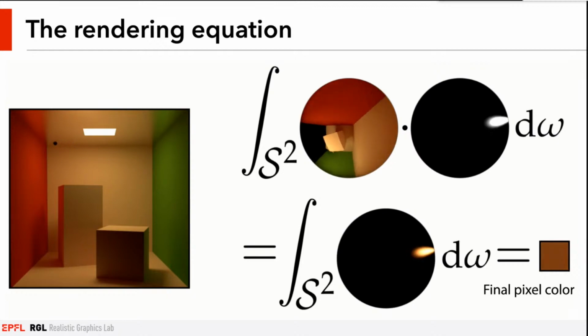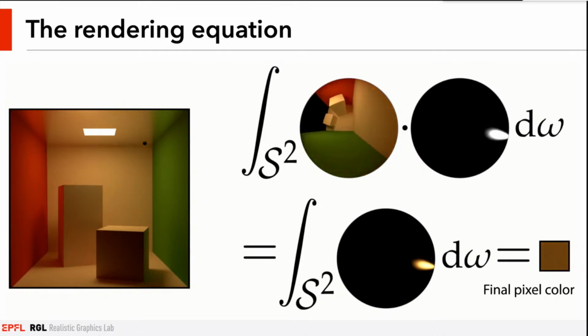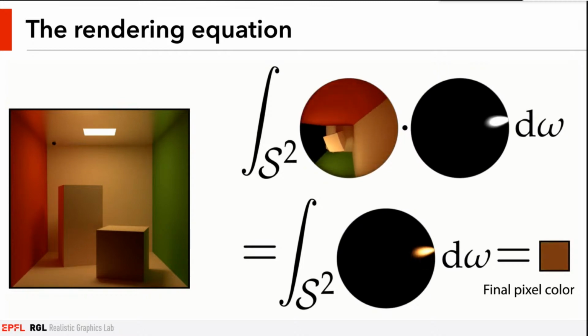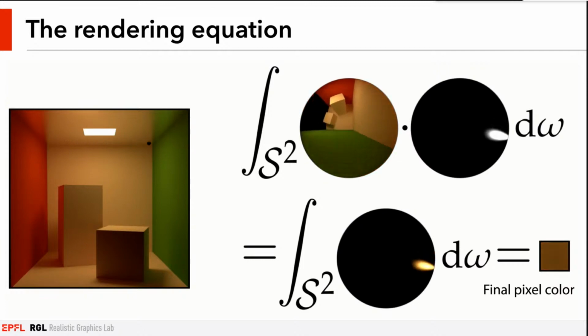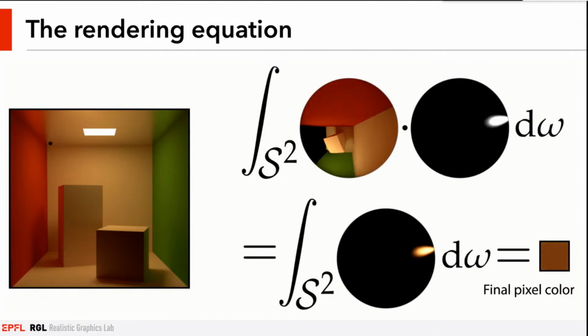Now, in this integral, which, by the way, is an integral over the sphere, there are two functions that are showing up and they're being multiplied with each other. The first one is the incident illumination. So that's all of the light which is arriving at this point. And so you can think of this point as sort of like an ant that's looking out into the hemisphere below it. And this is what it's seeing. And then this gets multiplied by something which describes the material.